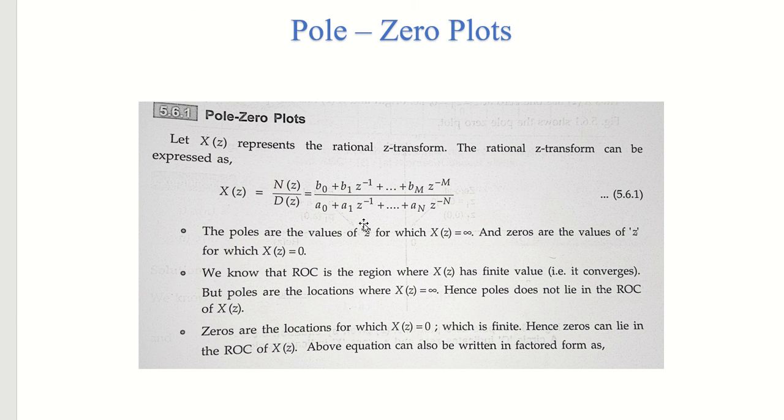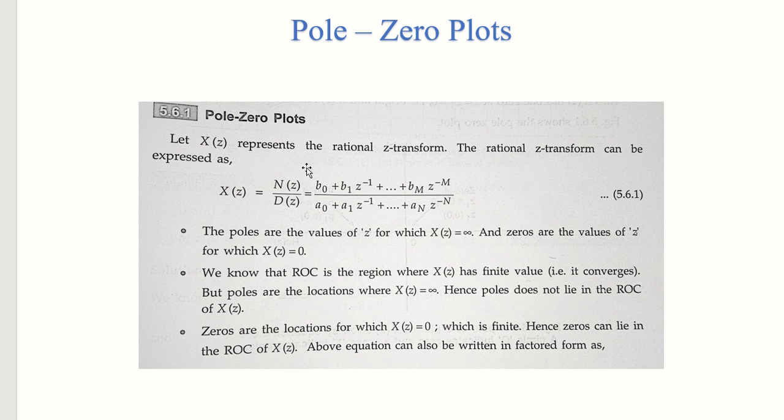And you can express the rational Z transform using this term. We saw this earlier as well. X of z is equal to numerator of z divided by denominator of z, where the numerator will be b0 plus b1 z inverse up to bm z raised to minus m, and the denominator will be a0 plus a1 z inverse plus up to an z raised to minus n.